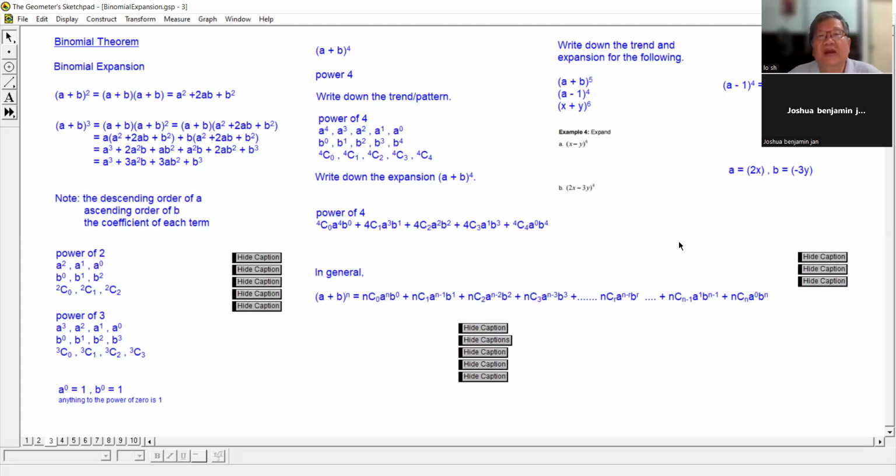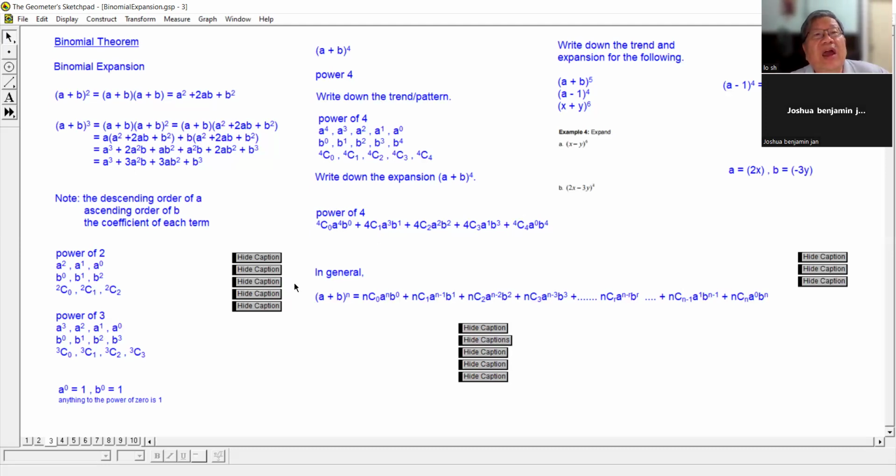Okay. Now let's say I tell you that term is 4C1. What is the power of B? 1. What is the power of A? 3, correct. So if I tell you one piece of information, you can link it to all the other information regarding that term.